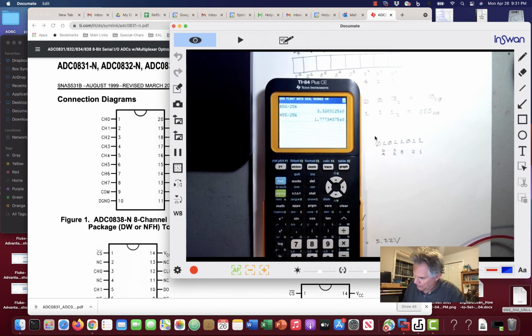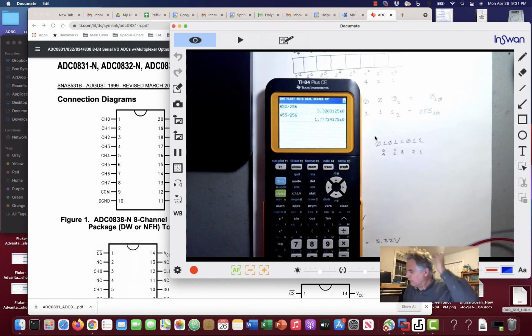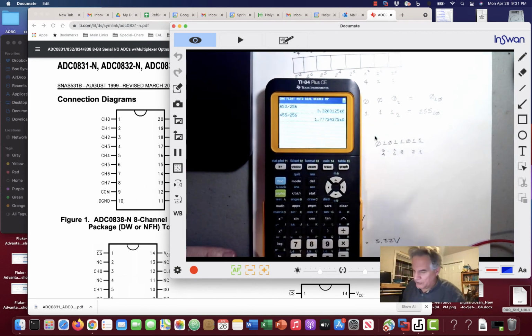So this is 1.777 volts. My meter is still saying 1.751.